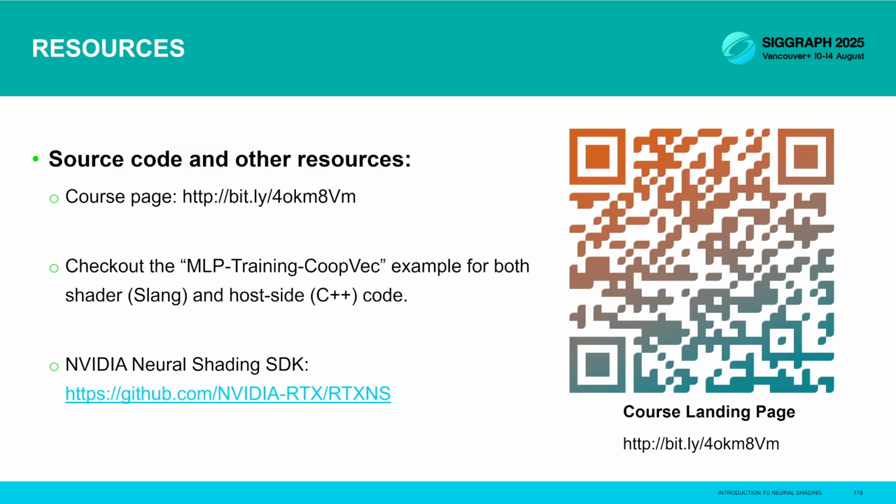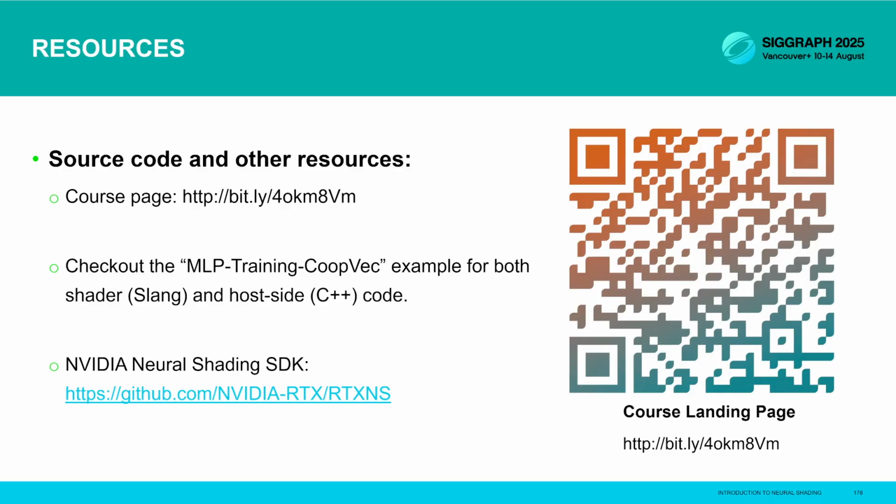Now you've learned how to use cooperative vectors to speed up neural network inferencing and training. Again, I would like to direct you to the resources accompanying this course for more details. You can find an end-to-end cooperative vector inferencing and training example, including the full definition of the MLVec wrapper type, by going to the MLP training CoopVec example on our course page.